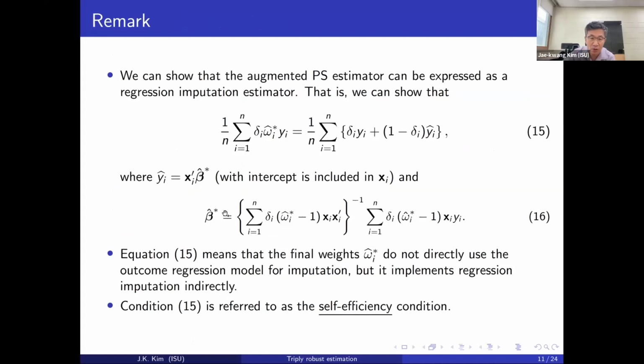But here you already have double robustness, because we started with a doubly robust propensity weight on the left side, and all I did was reframe it as an imputation. So this imputation is also doubly robust because the propensity score weight is already doubly robust.